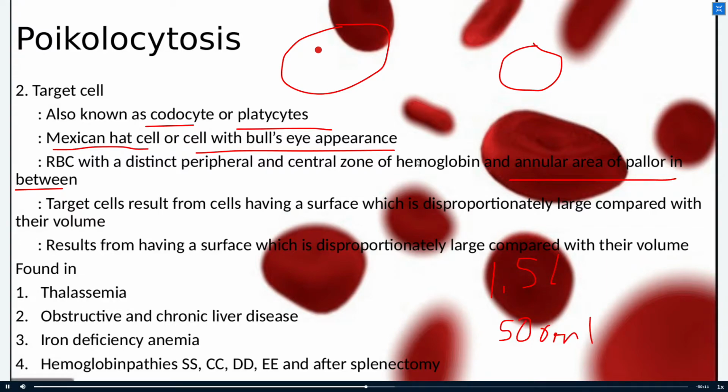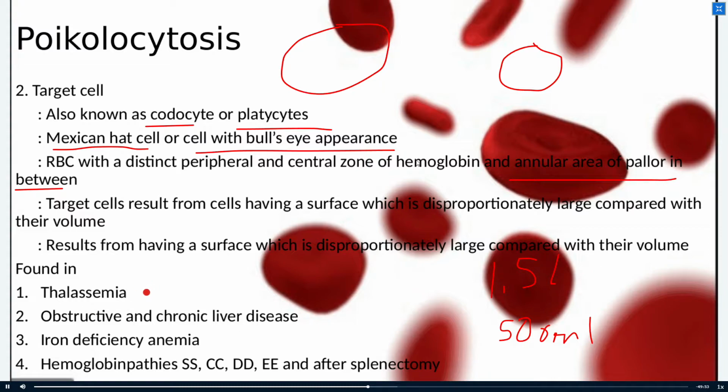So that's what happened. So the size of your target cell is very large, but it isn't fully containing hemoglobin.